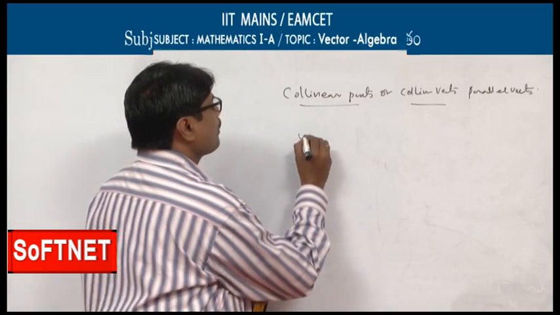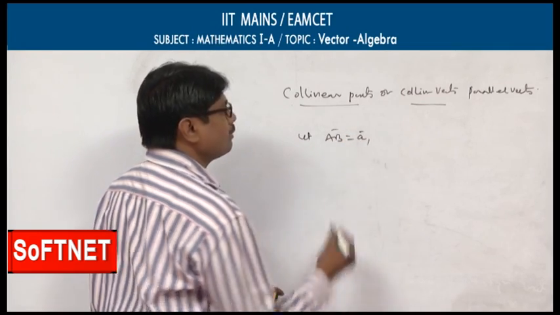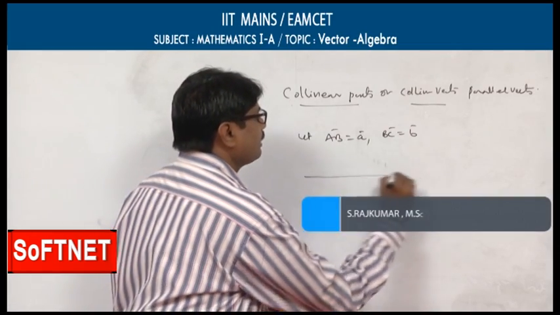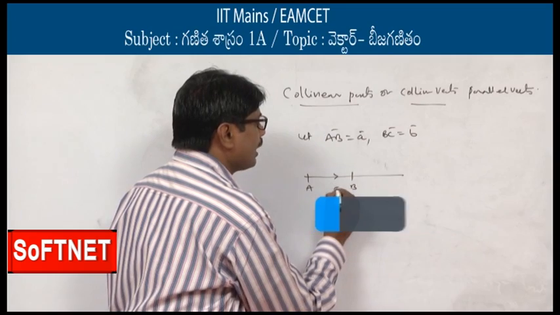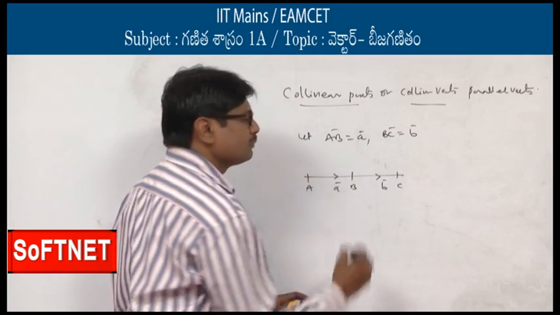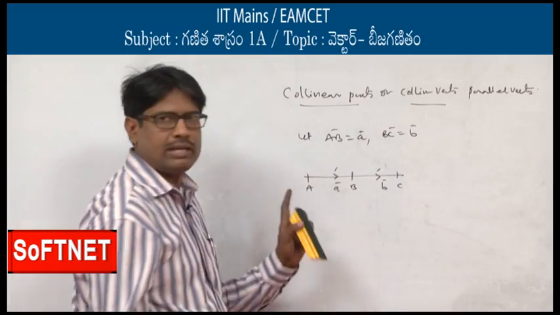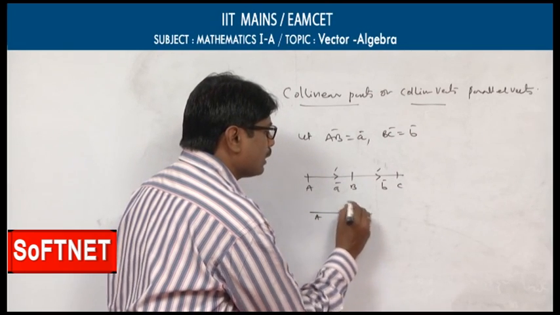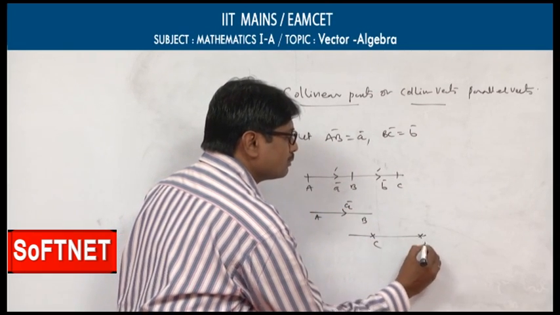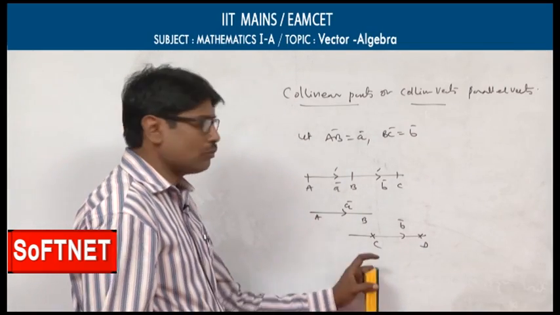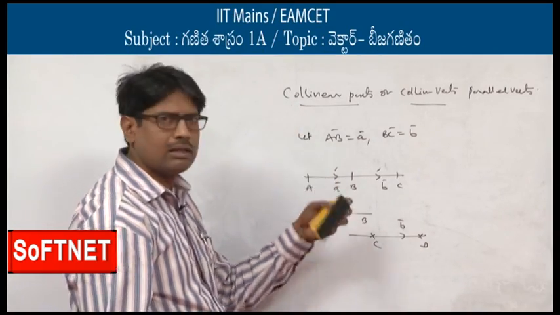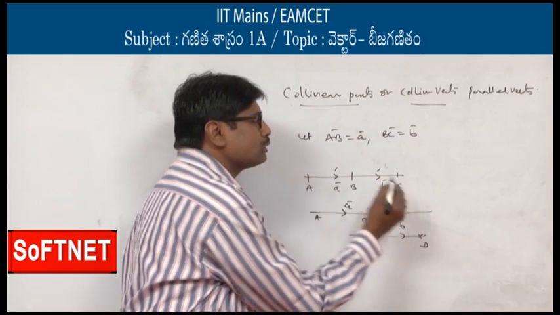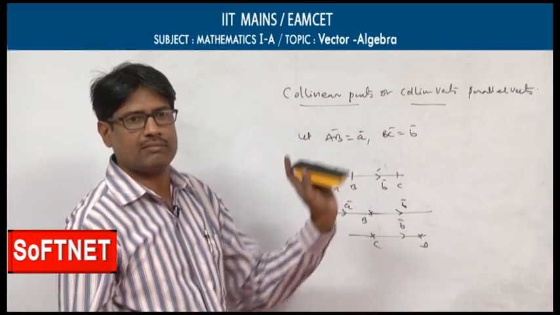For example, let AB bar is equal to A bar and BC bar is equal to B bar, two vectors connected at the point B. So these A bar, B bar will be collinear vectors along the line ABC. Or if you take AB bar is equal to A bar and CD bar is equal to B bar, then these two vectors will be parallel. Why do we call collinear and parallel the same? Its equivalent can be drawn here. That's why there is no difference between collinear and parallel vectors.